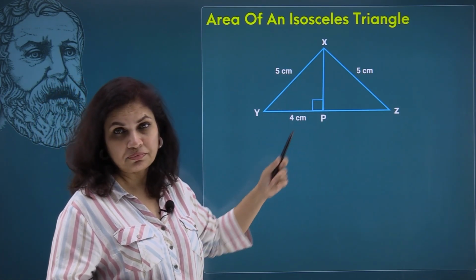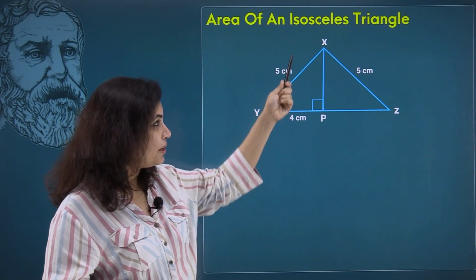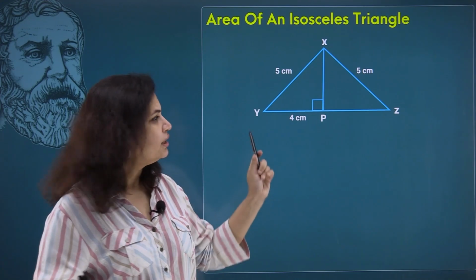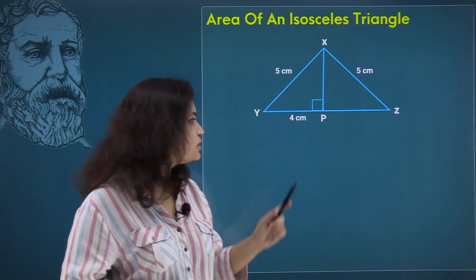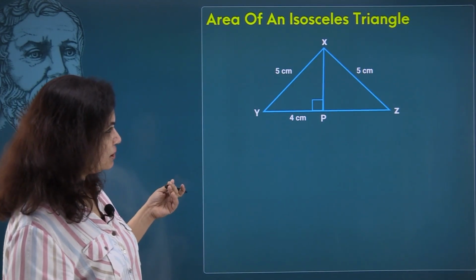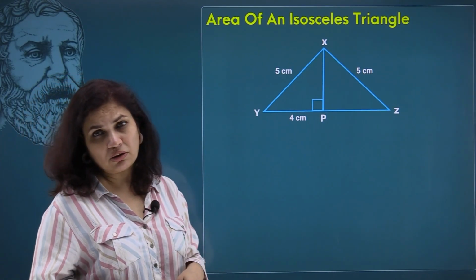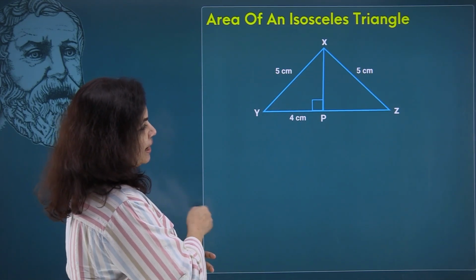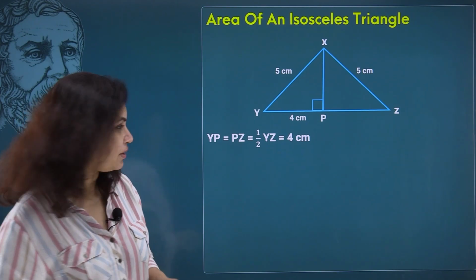A perpendicular drawn from the vertex, which can be taken as the height of the triangle, divides the base into two equal parts, whereby YP is equal to PZ equal to 4 centimeter. So, again using Pythagoras theorem, we can calculate PX and hence calculate the area of the triangle.